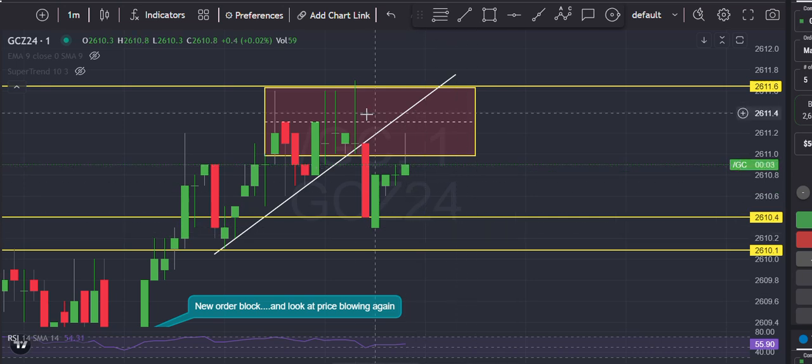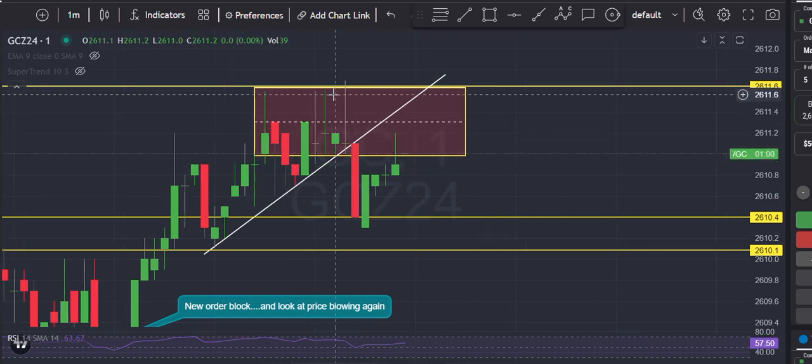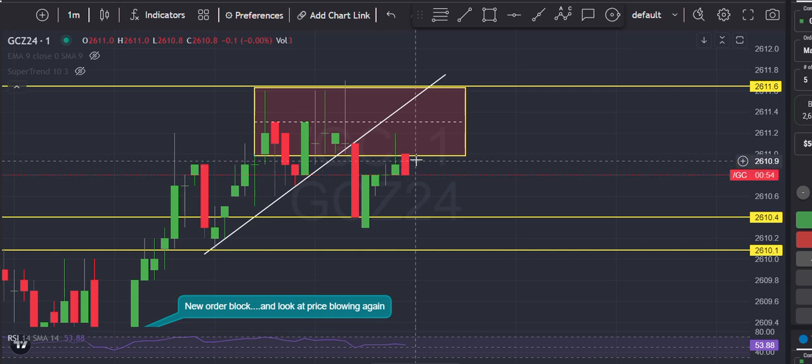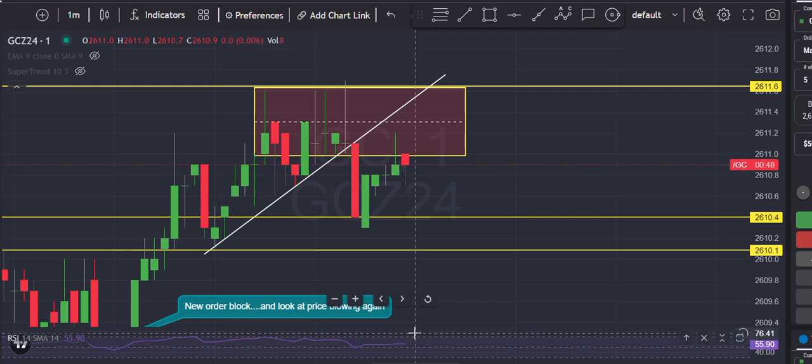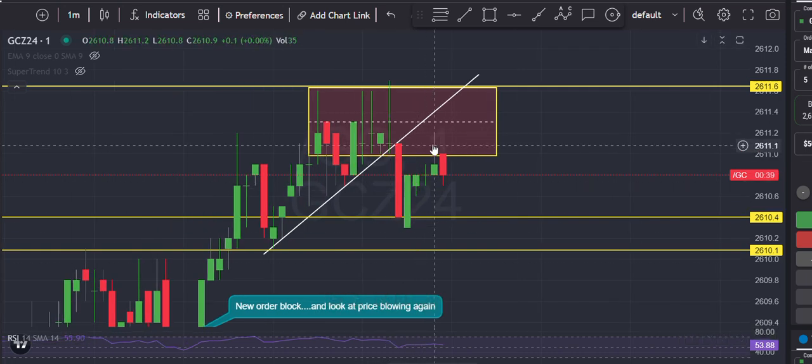And like I said, we hit this bearish order block area, and we're seeing price doing some rejection. This will be a good entry, but we're gonna continue to watch and see what goes on, because if price continues, this could potentially be another order block.